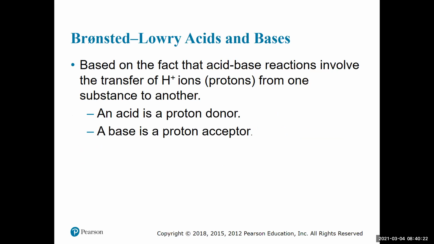That's where you talk about what's happening with the protons associated with molecules. If the compound donates a proton, loses a proton, or gives up a proton, however you want to think of it, it's an acid. If it accepts, it's a base. We'll see some examples of compounds in these categories in a little bit.